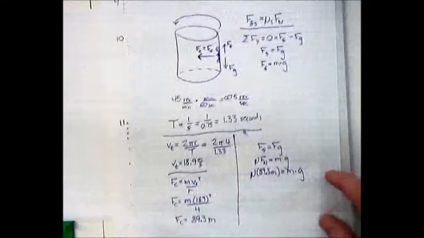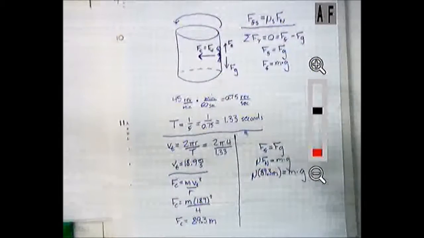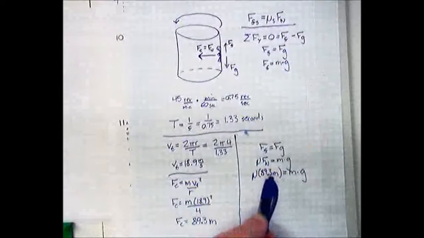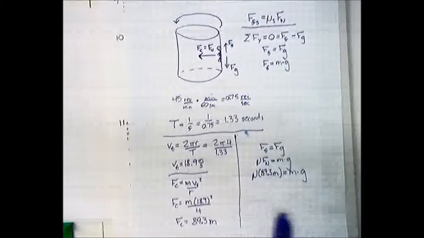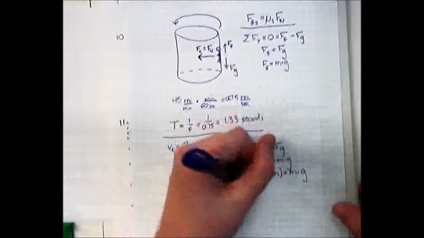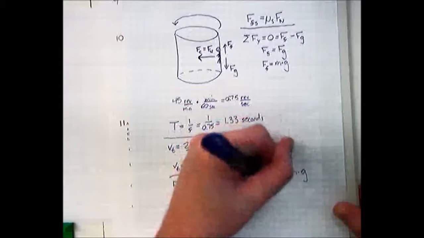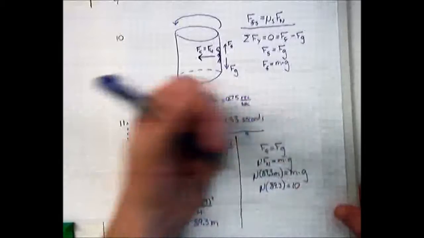And then we have g over here, and that's just going to be 10. Right here, I promised you, two masses, they're going to cancel each other out. And then we know that g is equal to 10. So this becomes mu times 89.3 is equal to 10.